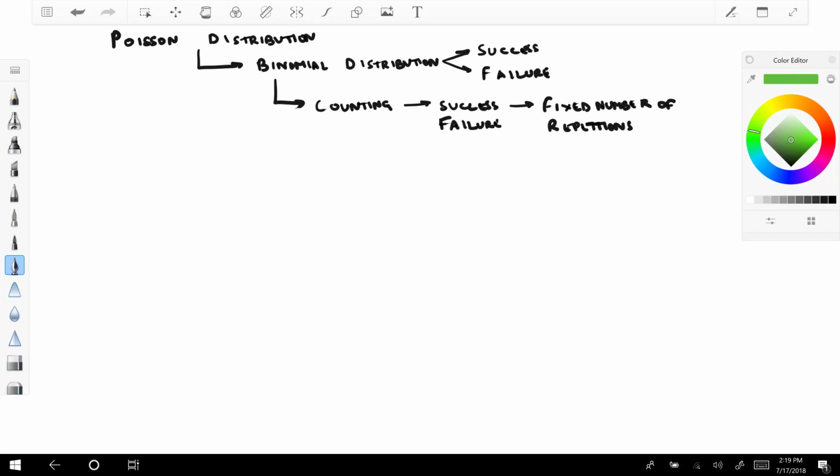However, Poisson distribution is similar to binomial distribution, but we count the number of successes over a fixed amount of time or space.